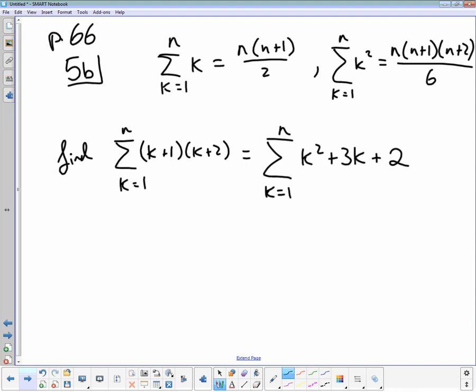So now, using the properties of sigma notation, I can split this up.